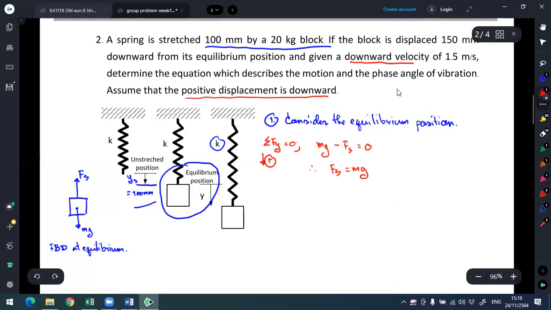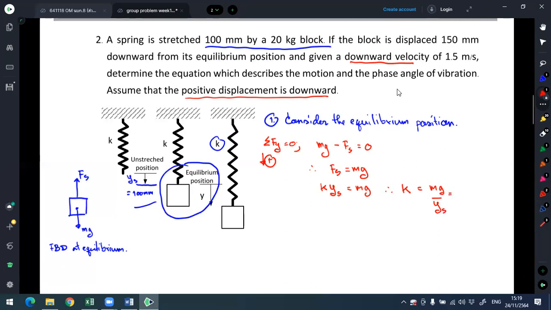But fs, the spring force, is equal to k ys equal to mg, right? So according to this, k is equal to mg divided by ys. So right now, what should k be?